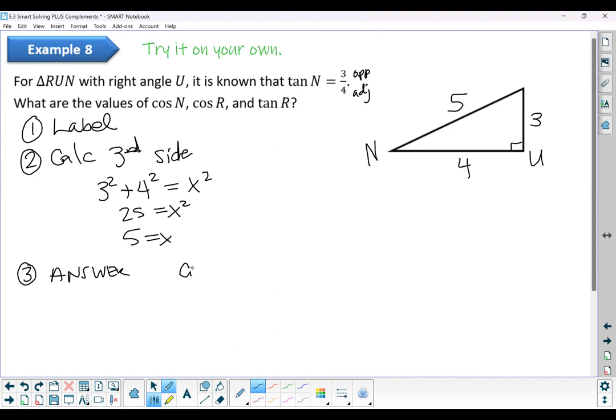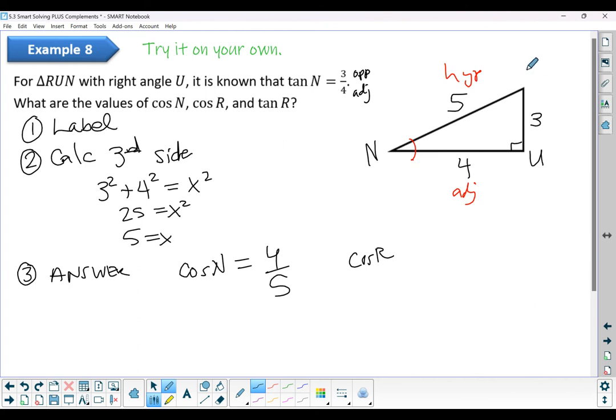So our first question is cosine of n. Well, from the perspective of angle n, the cosine is adjacent over hypotenuse, so that is 4/5. It also asks us for the cosine of r.